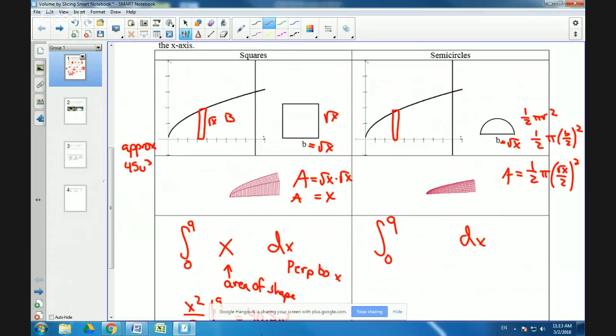Now, we can simplify that greatly. What's the square root of x squared? X. And the pi is going to ride along, and then we have 2 squared is 4, times 2 is 8. Another pretty easy integral to calculate, right?